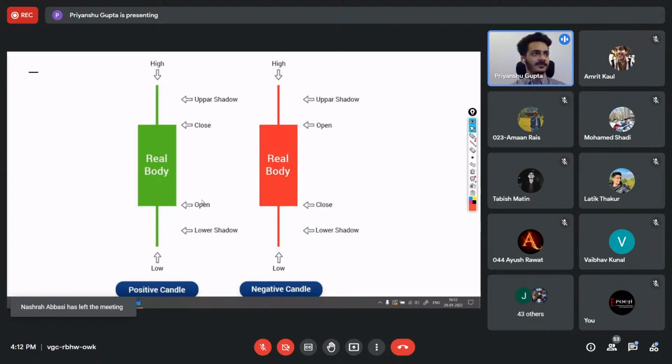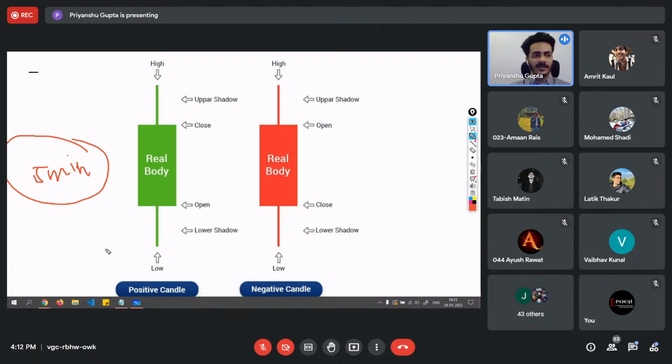So basically, this is a candlestick. Suppose, let's say it's a 5-minute candlestick, okay? This candlestick is for 5 minutes. So in these 5 minutes, this was the maximum price reached. Basically, at the start, the price of that coin was here, okay?